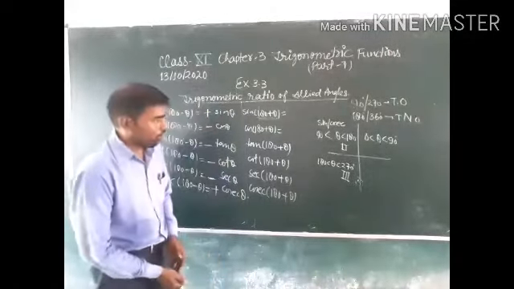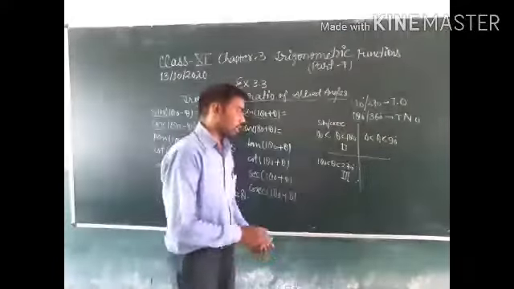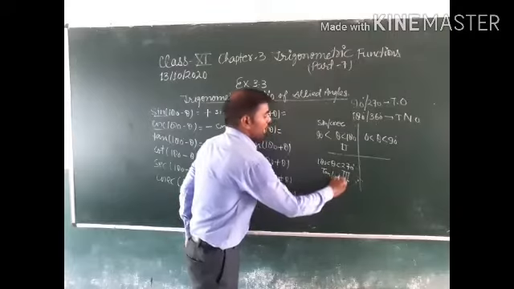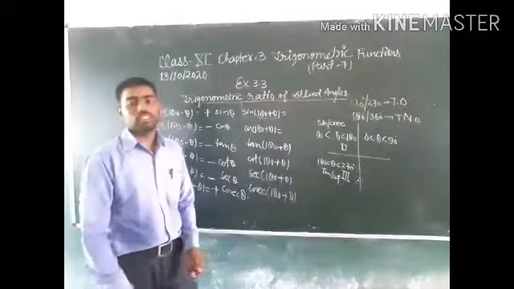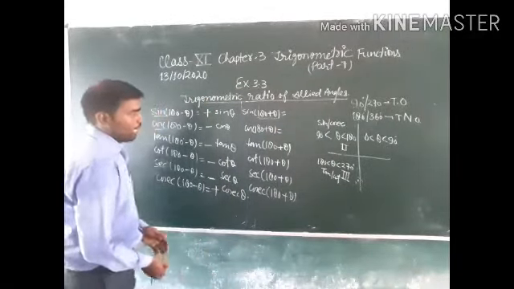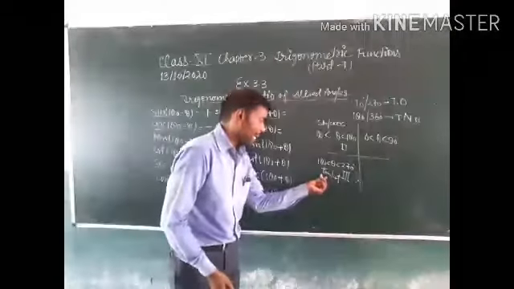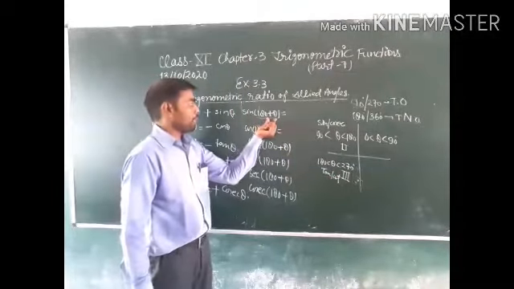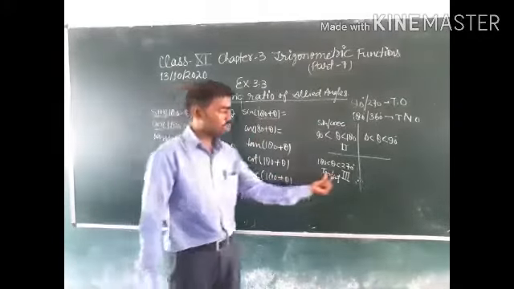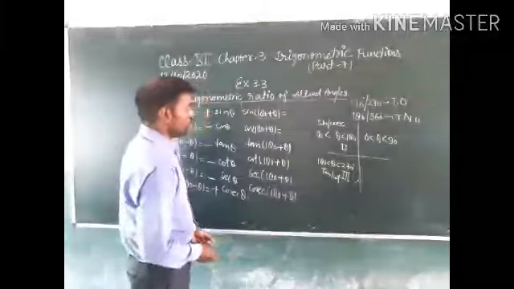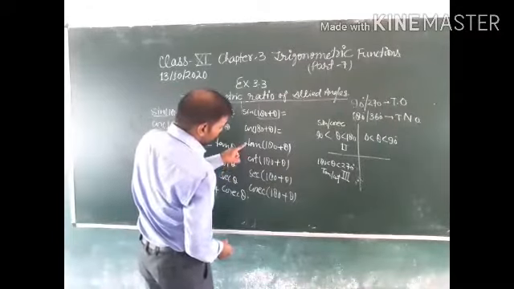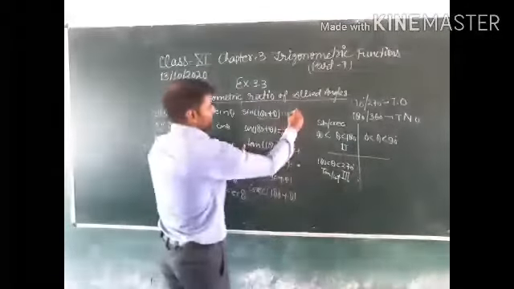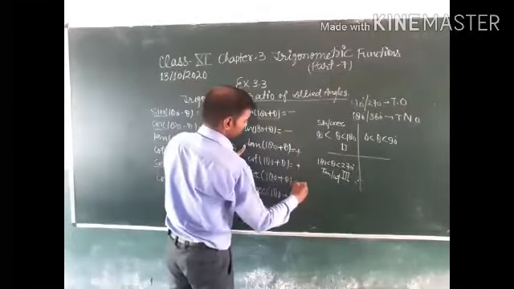You have already known that in the third quadrant tan and cot are positive and other trigonometric functions are negative. So because 180 plus theta belongs to the third quadrant, tan and cot are positive and other trigonometric functions are negative.